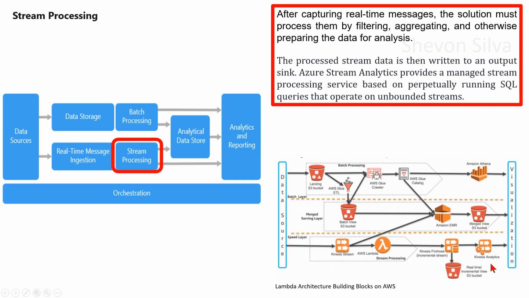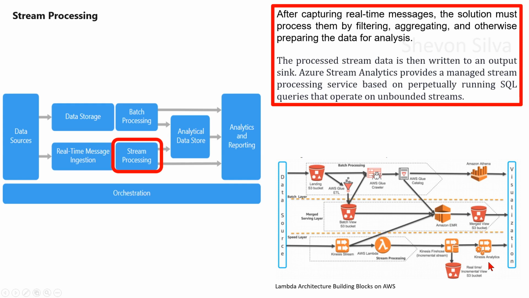Visualization. In speed layer, Amazon Kinesis data analytics allows users to build custom analytical metrics that change based on real-time streaming data.